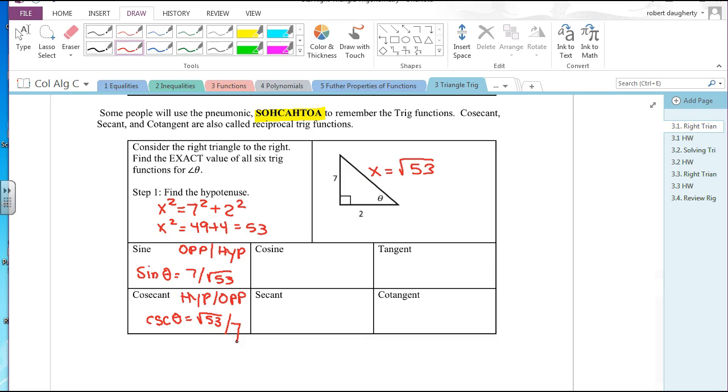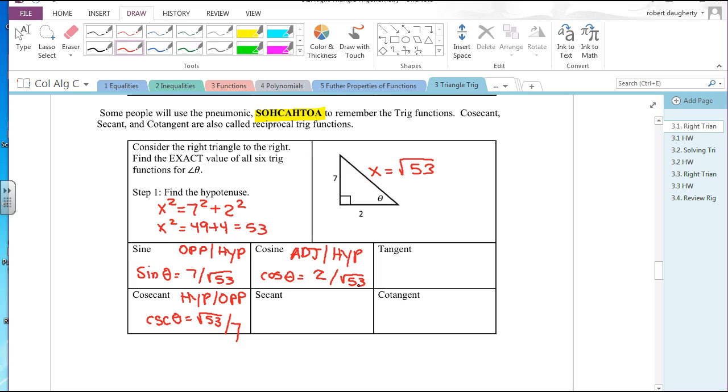It's adjacent over hypotenuse. So what's the value of the cosine of theta? 2 divided by the square root of 53.